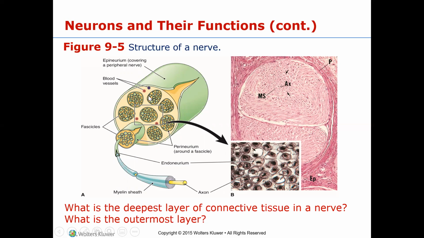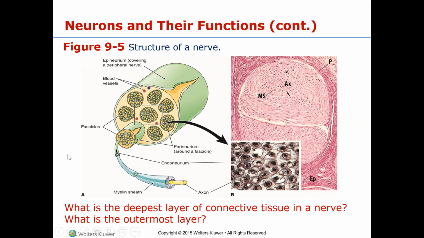Surrounding all of these fascicles is the perineurium around it. And then around each one of the fibers is the endoneurium. So the endoneurium, perineurium, and the epineurium. And you can think of it like a bundling of a bunch of pencils.